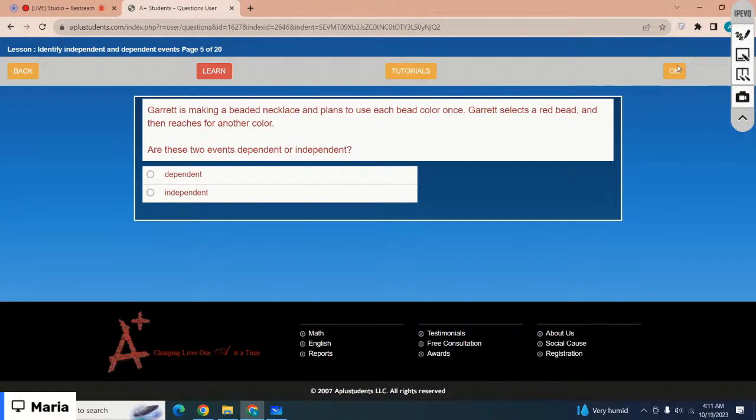He decided to pick every color once, right? The red one he has selected. Now he has the options that don't have red. So that is the dependent event.